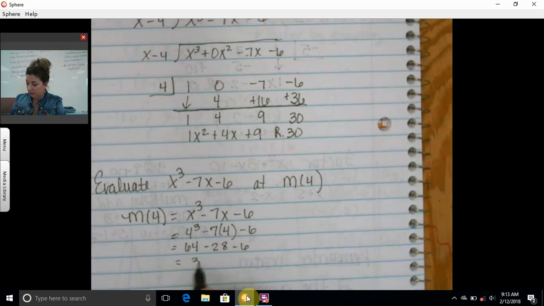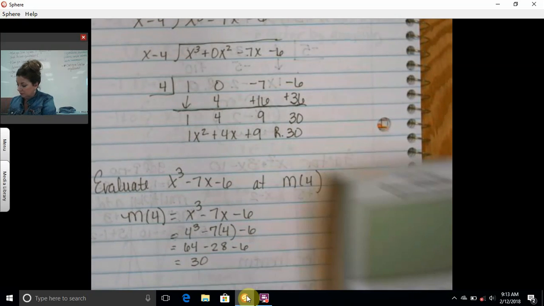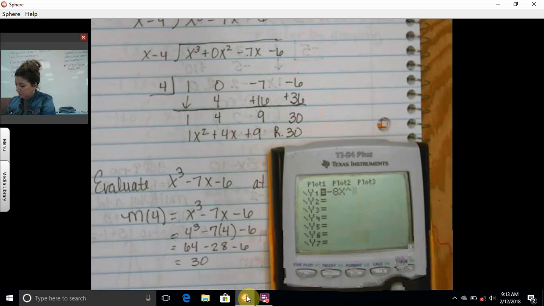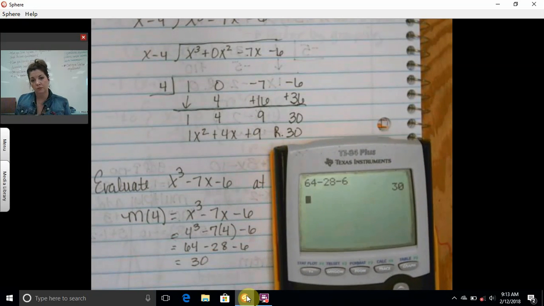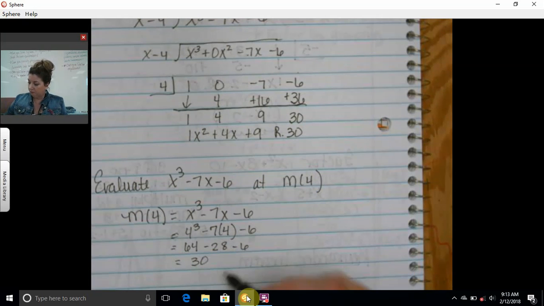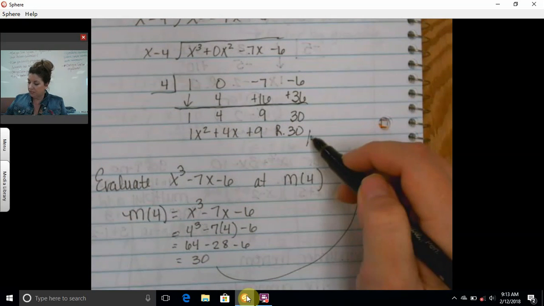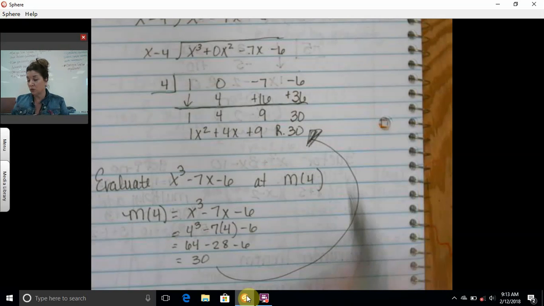And we get 30. So, see, that's what our remainder was, and that'll work every time. So we'll know just like that, is this a factor or is it not, okay?